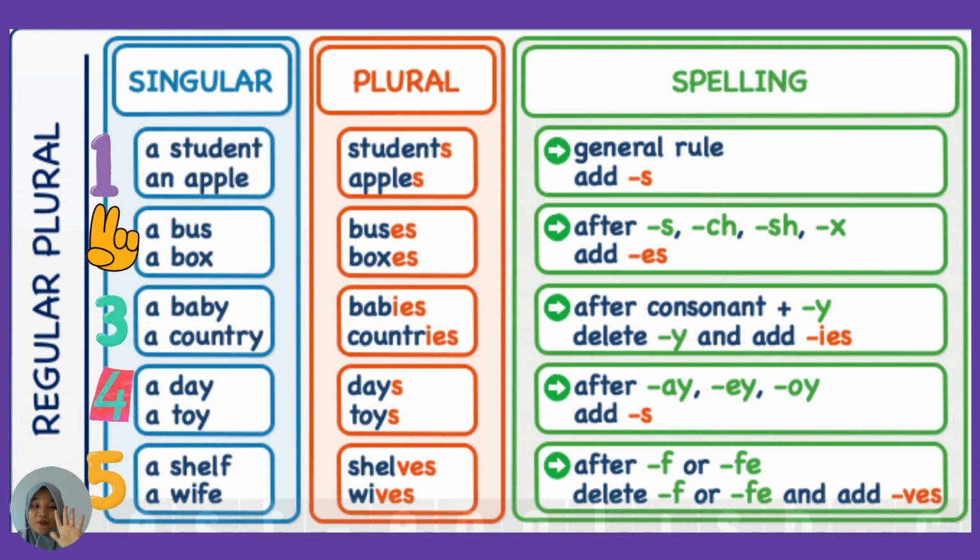Okay, for the fifth rule. For the example, a shelf become shelves. A wife become wives.